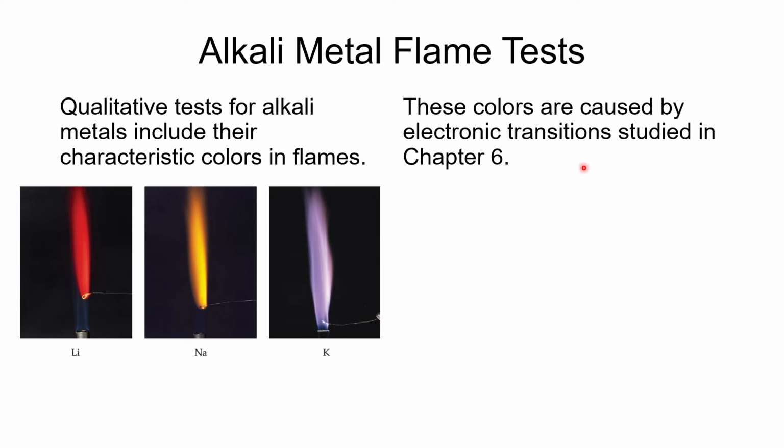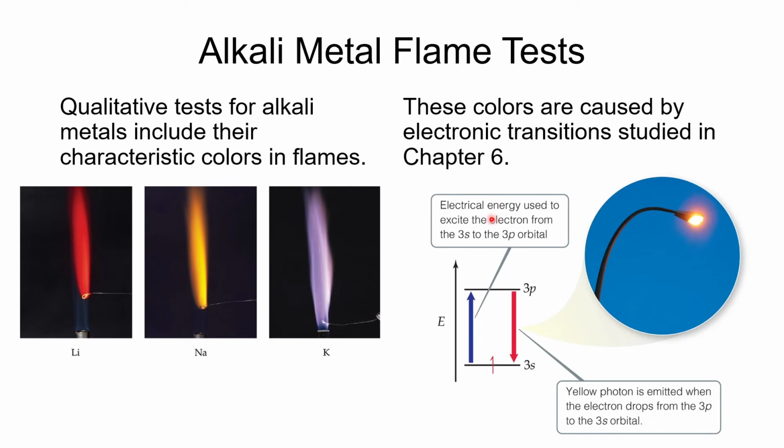These colors are caused by the electronic transitions that we see in chapter 6. Now, I will say that other metals also have interesting colors when you heat them up. Copper, by the way, gives kind of a bluish green color. Very cool looking. But again, this is caused by the electronic transitions. So the electron gets promoted up to a new level, so from like 3s to 3p, and then when it drops back down, it gives off light.